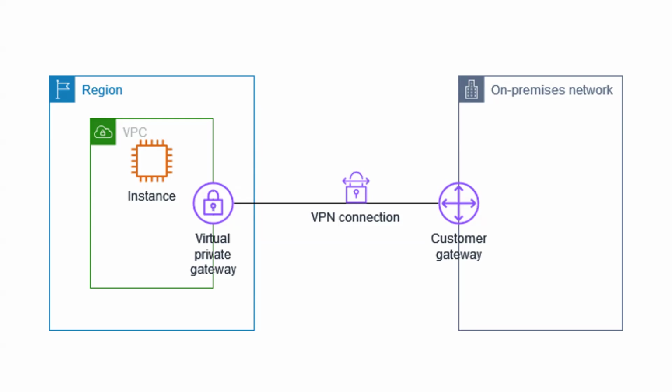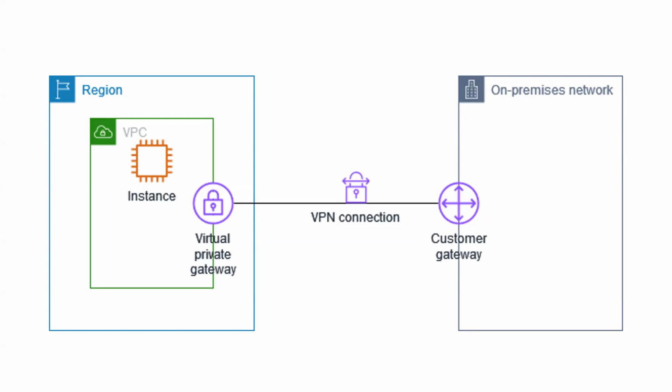Basically this will enable the communication to flow outside the scope of the VPC. And at the same time, inside our corporate data center, we need to set up a VPN device, and we need to point a customer gateway, which we can set up inside our AWS account, to that VPN device.